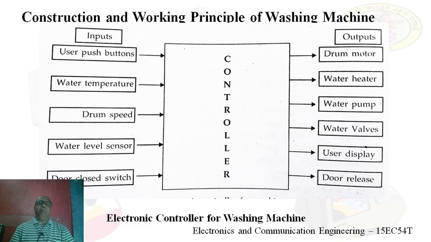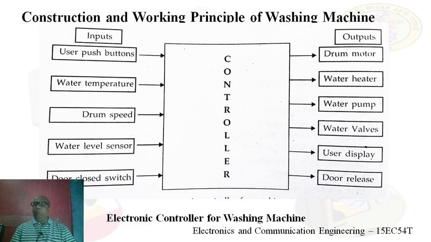Certainly there are many sensors like water temperature sensor, drum speed sensor, water level sensor, door closed switch, it is also a sensor, and push buttons, they are also having miniature sensors, and then the sensor data is fed back to the control unit, and the control unit generates the necessary actuator outputs, action outputs. That is what is actuator outputs.